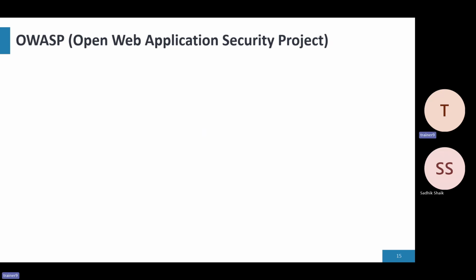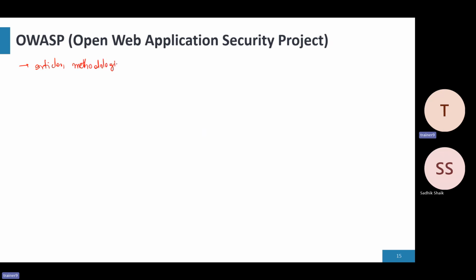Now the second thing that we'll do is spend some time understanding the OWASP security architecture, the security project that we have. Primarily, this is one of the main communities that keeps bringing up a lot of security articles, methodologies, frameworks, and documentation.